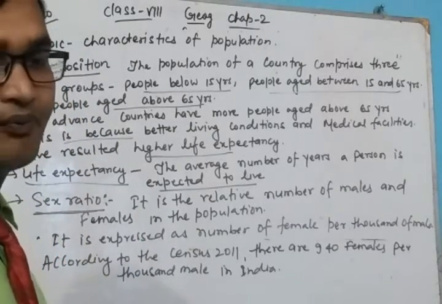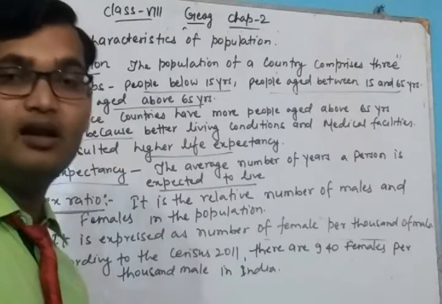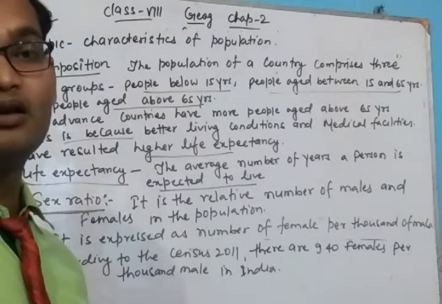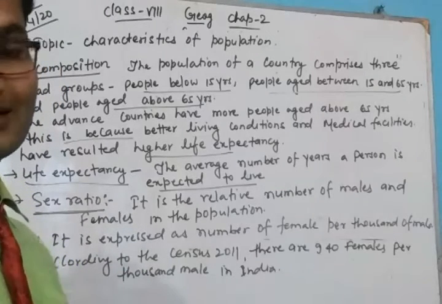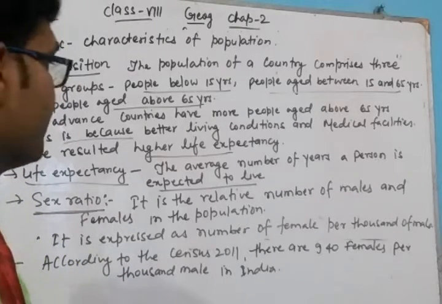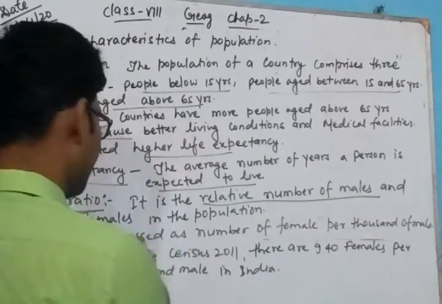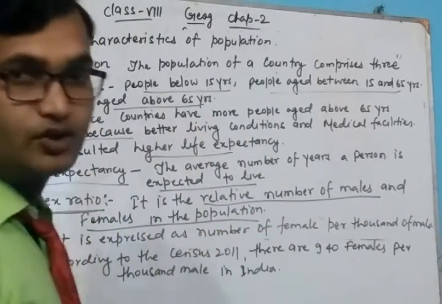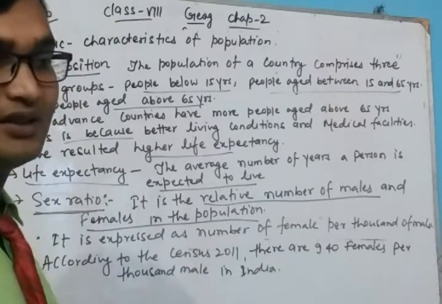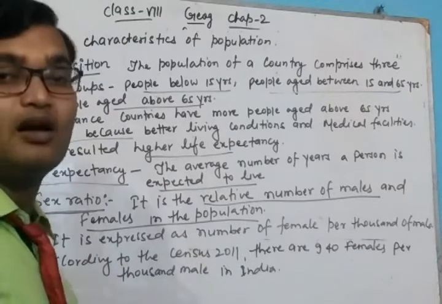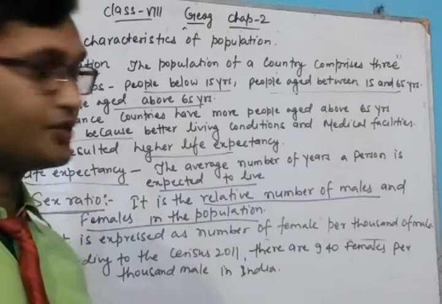What is the sex ratio? Actually, this is the number of males and the number of females. It gives the relative relation between the number of males and the number of females in the population. That is, per thousand males, the number of females is called the sex ratio.